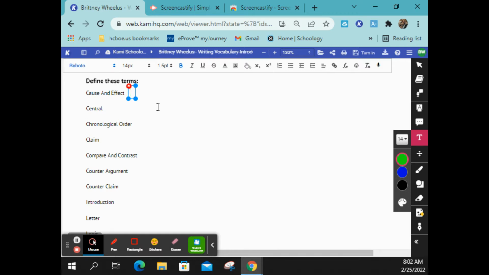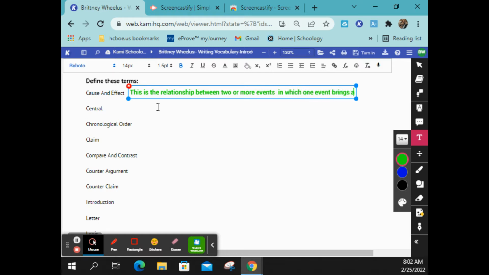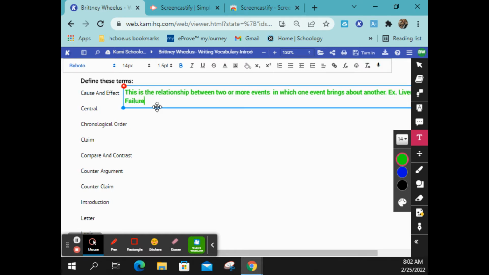All right, so cause and effect. All right, this is a relationship between two or more events in which one event brings about another. All right, example, liver failure.